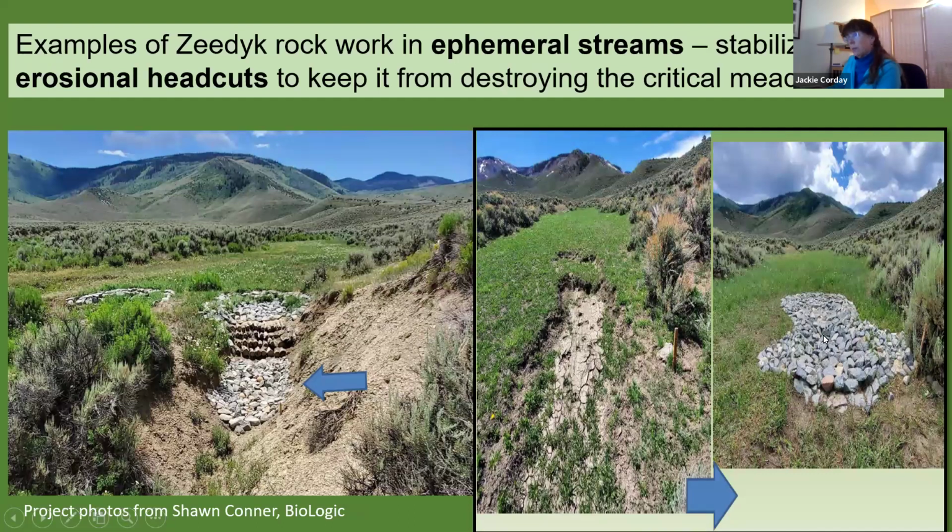And in 1 year, it's amazing. You go back to see this and it's all filled in with sediment and grasses, and you don't even see these rocks anymore. It's pretty amazing. If you have a deeper cut like the one on the left, then you have to have a little bit more aggressive design there to stop that head cut.